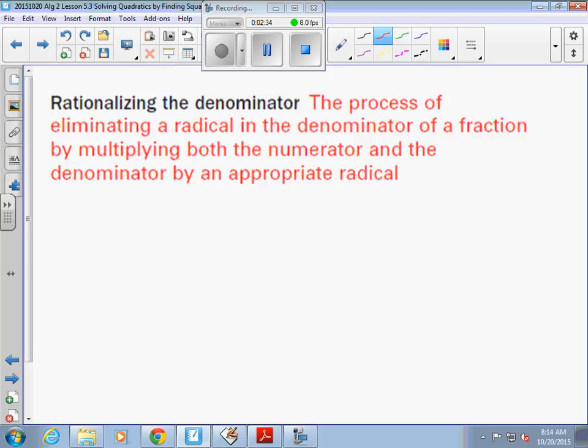Rationalizing the denominator is something that students struggle with, even though it is very, very simple. You cannot have a radical at the bottom of a fraction. It cannot be in the denominator. And since it cannot be in the denominator, the only way to undo that, if it's the square root of 2, is to multiply it by the square root of 2 over the square root of 2.